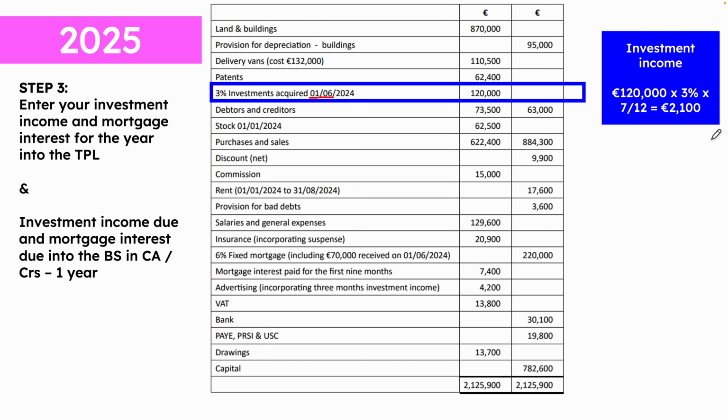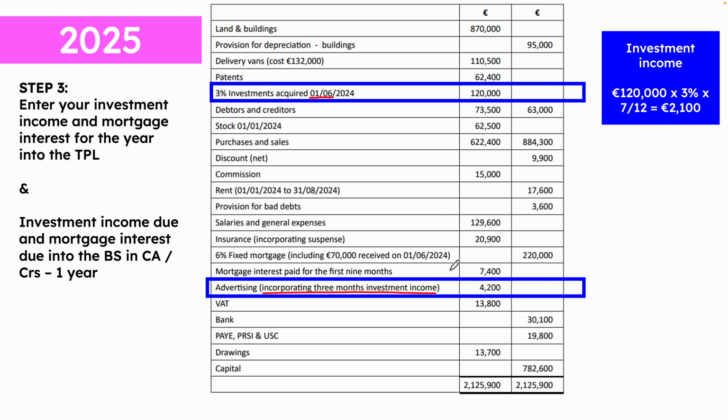€2,100. Now, if you remember from earlier on, this trial balance showed us that we received 3 months investment income, but the bookkeeper accidentally shoved it into the advertising account, but it should have gone into its own account, the investment income received account. So that was a bit silly.